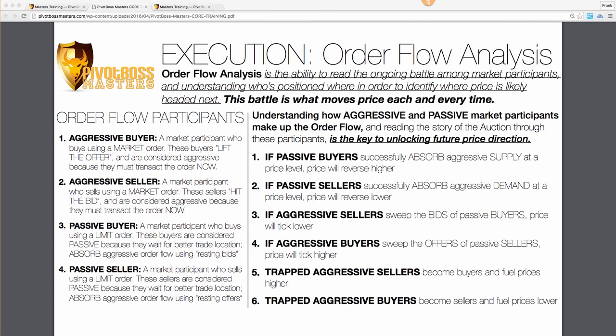Those are passive participants. So a passive buyer is a market participant who buys using a limit order. And these buyers are considered passive because they wait for better trade location. So I'm usually a passive buyer. So if price is pushing up, instead of buying during this move up, I'm usually saying, hey, come back and I'll get the retest right there. So I put a limit right here.